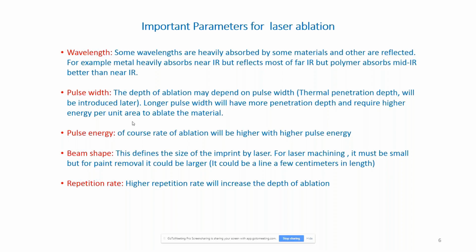That also relates to the application. If you're looking to cut something or remove very small features, then you might want to go with a shorter wavelength laser. That will give you the smaller beam. Repetition rate: higher repetition rates will increase the depth of ablation. So that affects how deep you can go.